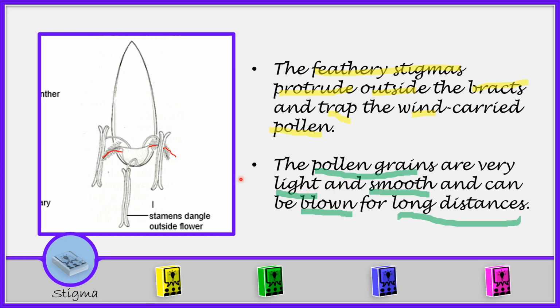And when they come and find the stigma, which is feathery, they are going to attach themselves on the stigma because they are smooth. And being light and smooth, they can easily be blown by wind for a longer distance.